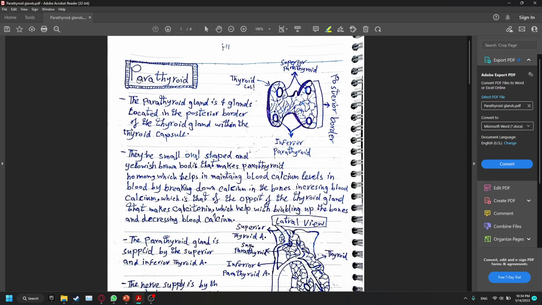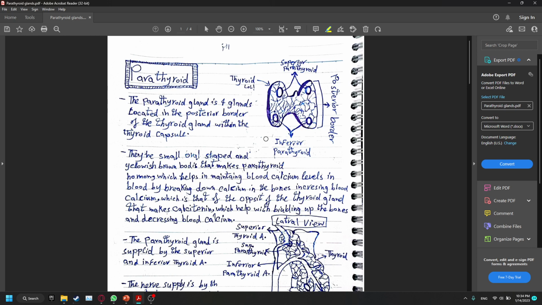Simple as that. Parathyroid gland, parathyroid hormone. And it helps with regulating the calcium levels in the blood, right? This is the most important, the main function of the parathyroid gland here. There are a lot of subdivided functions that we're going to talk about later on, but it's mainly for the calcium levels.